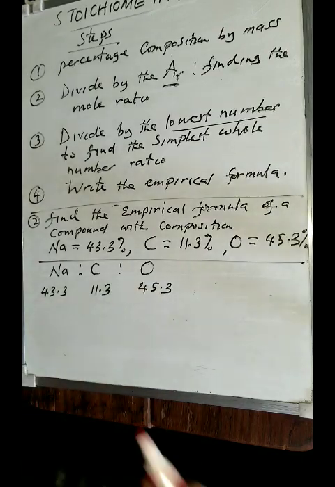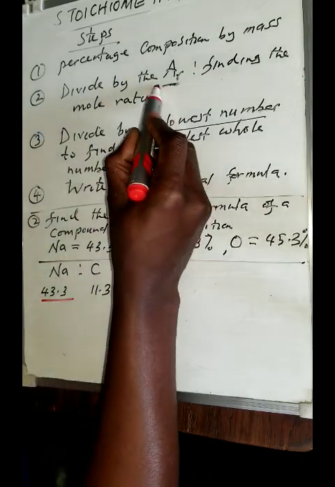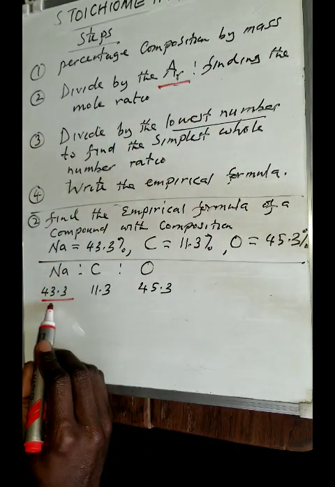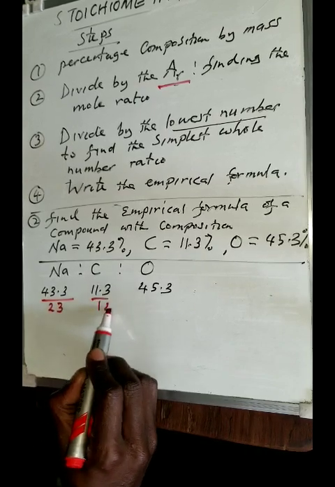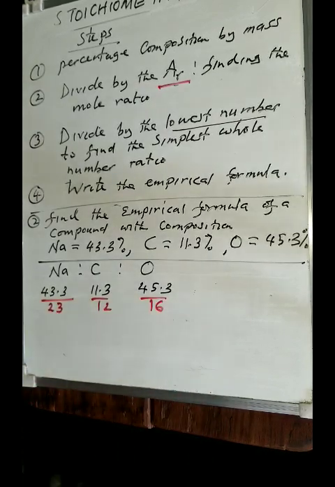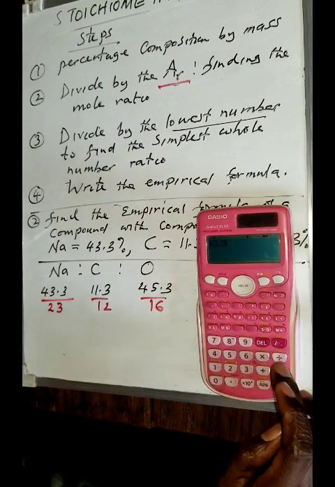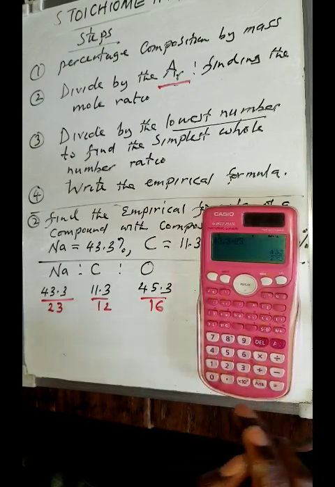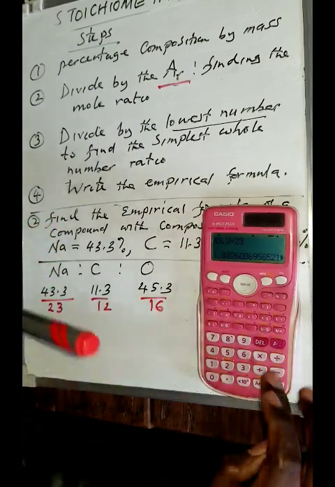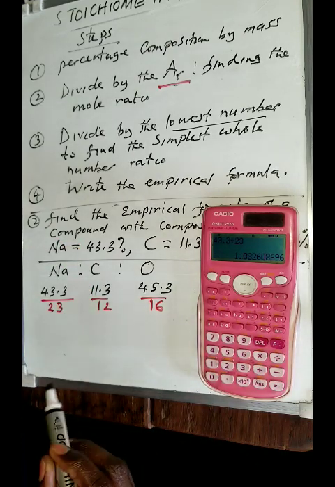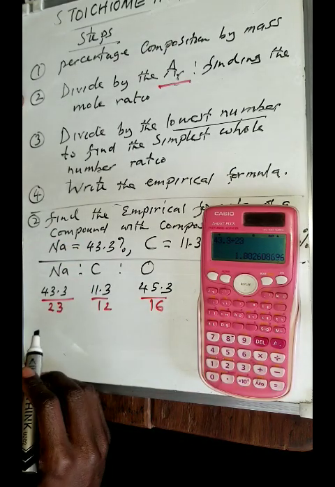What did we say? You divide by the relative atomic mass. This is 23, this is 12, and that is 16. So 43.3 divided by 23. I can leave it to 3 significant figures.